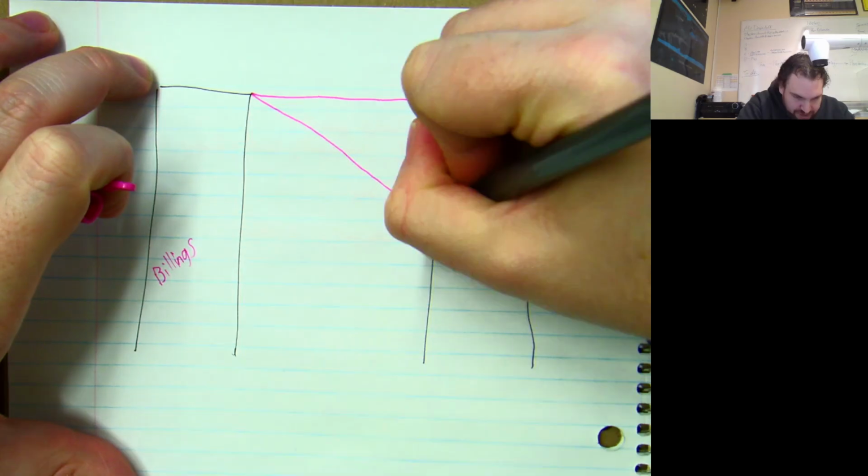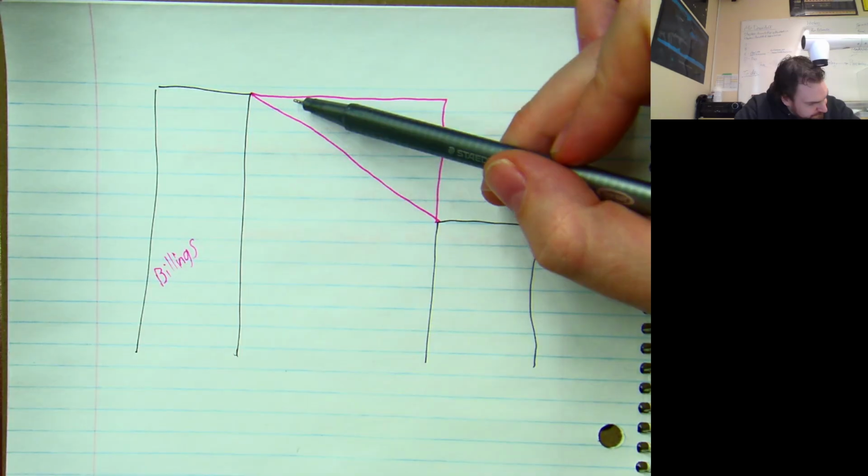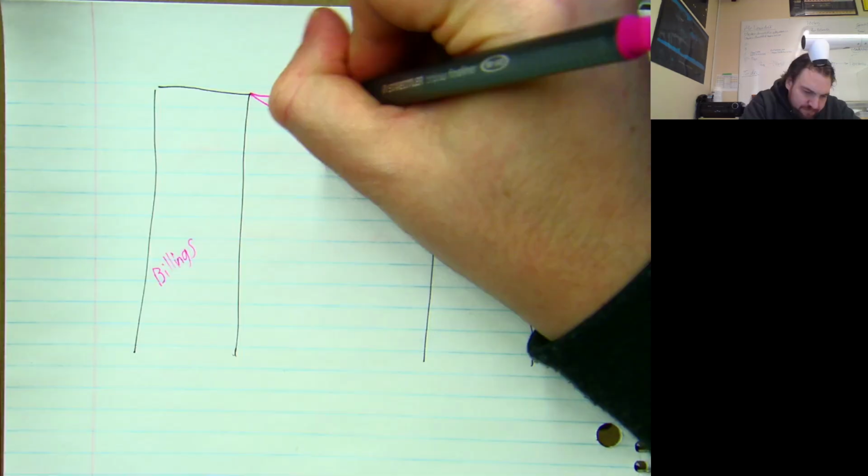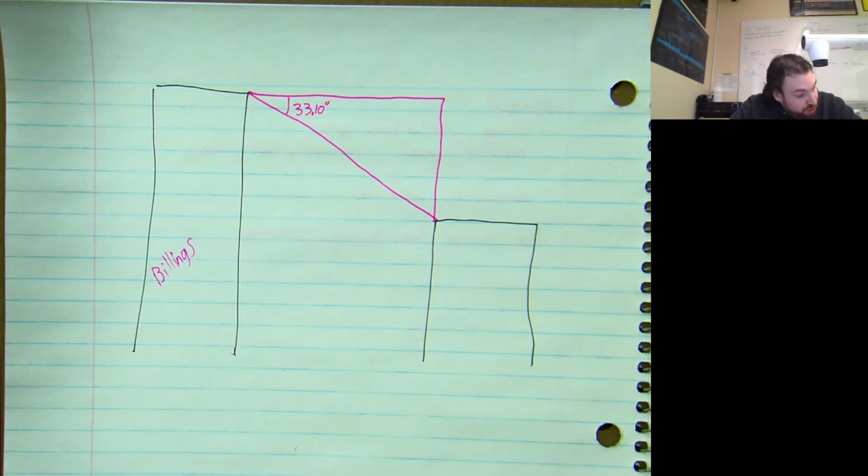The angle of depression means I'm dealing with that guy there, is 33.10 degrees. It's that guy there. We're also told that from the 15th floor, the angle of depression is 21.5 degrees.